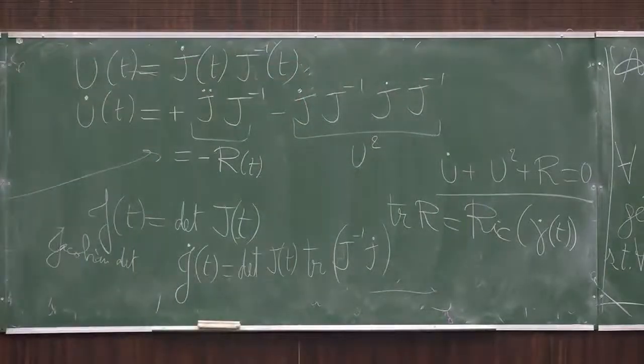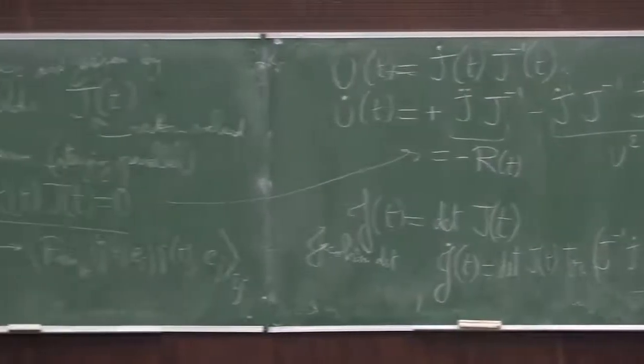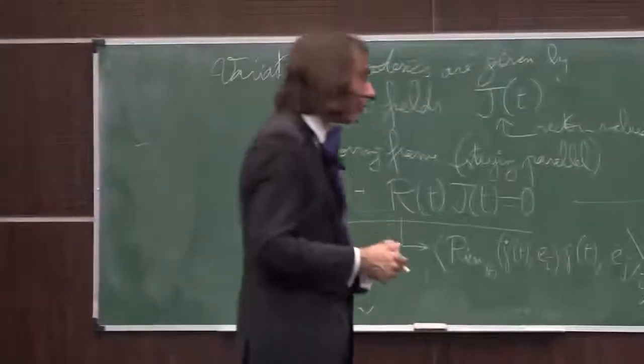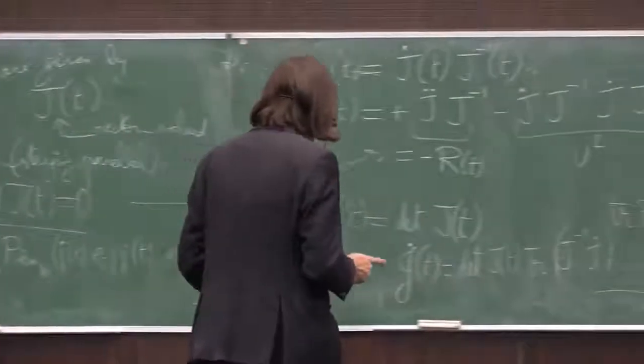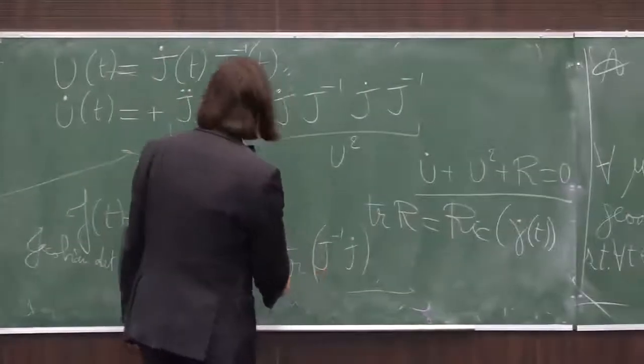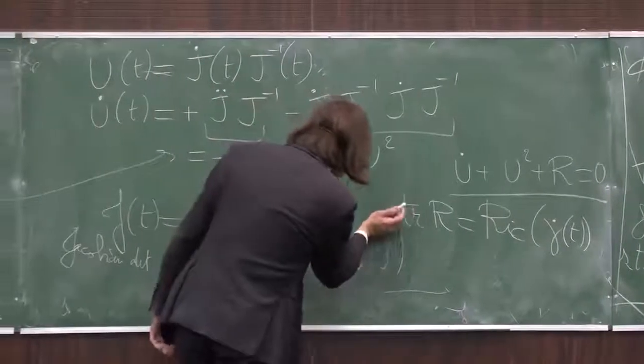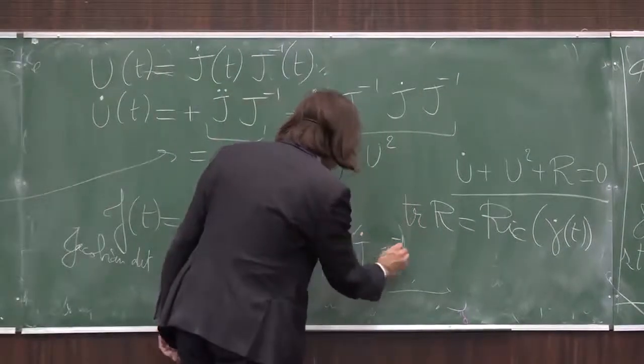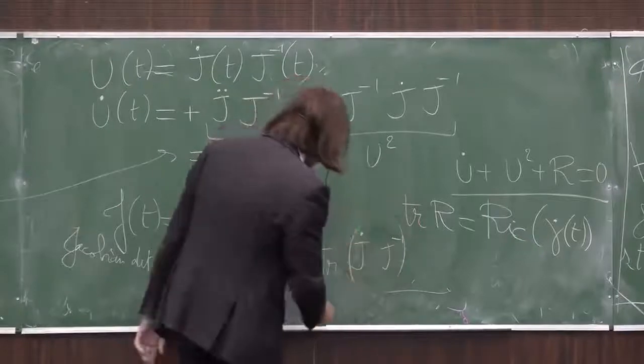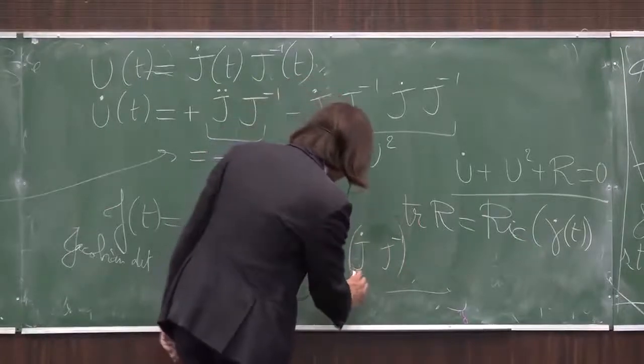You have the determinant multiplied by the trace of the inverse of the matrix times the derivative of the matrix. But this is U. It doesn't matter when I take the trace, I can always invert because trace of AB is equal to trace of BA. So this is equal to U.